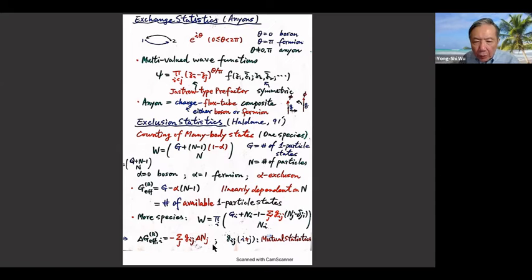So this is why we call it exclusion statistics. Namely, when we put particles one by one into the system, then the available single particle states for newly coming particles will decrease.